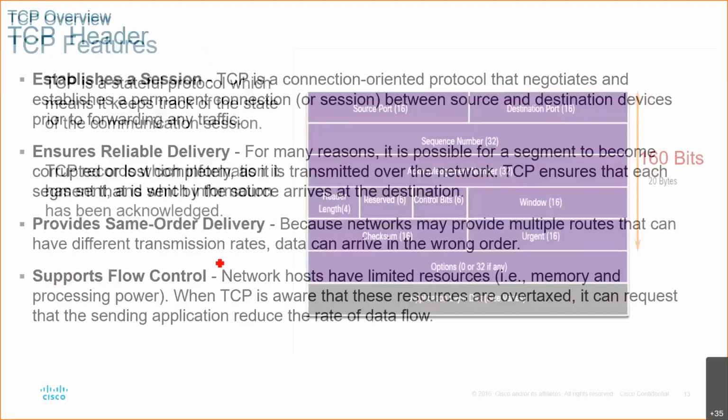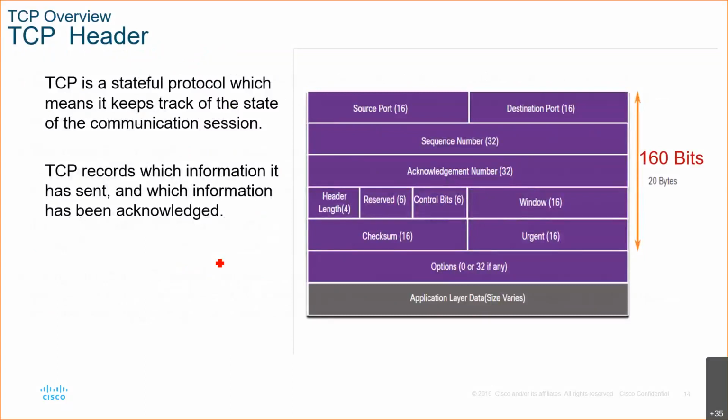This is the TCP header consisting of your source port, destination port. If you look at it, it consists of 160 bits, which is actually 20 bytes. You can see that it has an acknowledgement number and a sequence number, because the segments have to be arranged in a proper sequence.